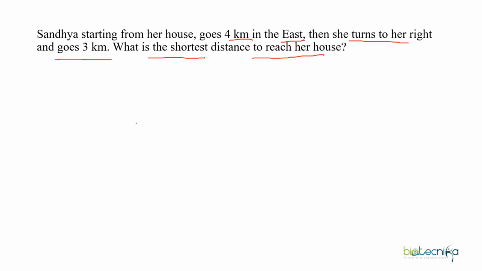So here in this question, if I want to draw the diagram, Sandhya starting from her house goes 4 kilometers in east. If this is Sandhya, she goes 4 kilometers in east. She turns to her right and goes 3 kilometers, that means towards north she goes 3 kilometers.